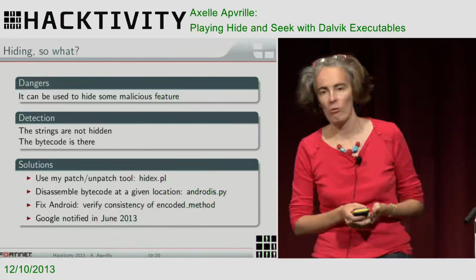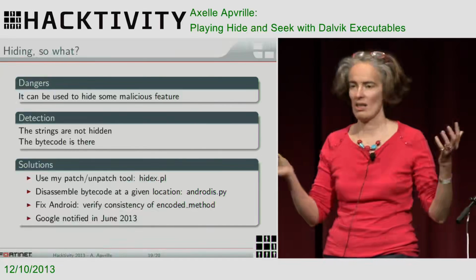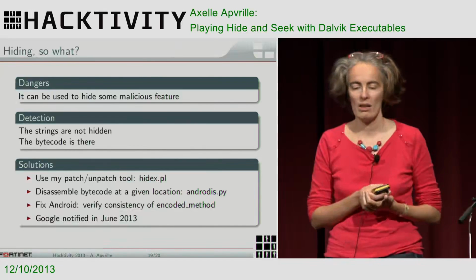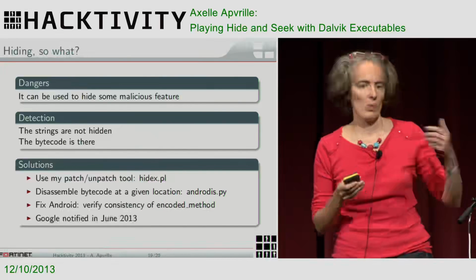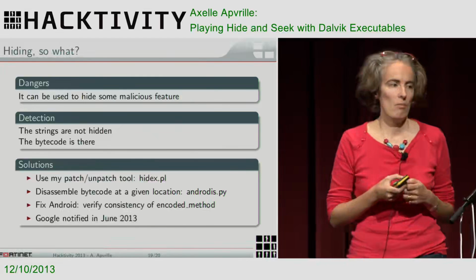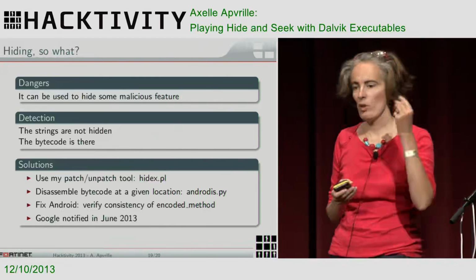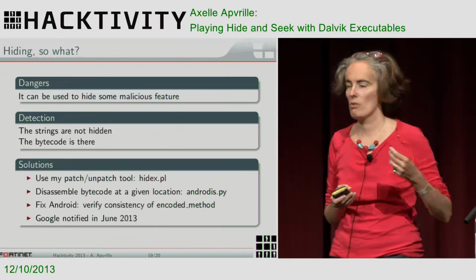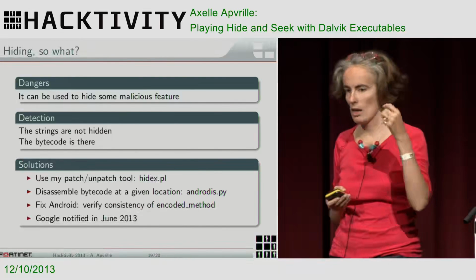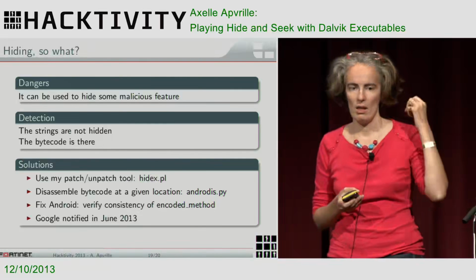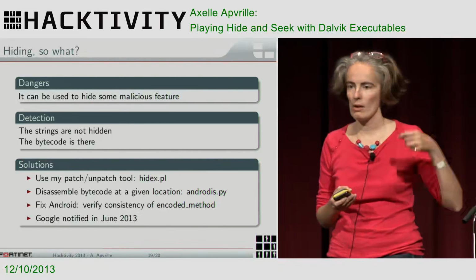However, we're not completely stuck. There are ways to detect that hidden method. This is what I'm going to explain here. What's really important is that it's not shown to disassemblers, but the method is always there. The code is there, the strings are there.